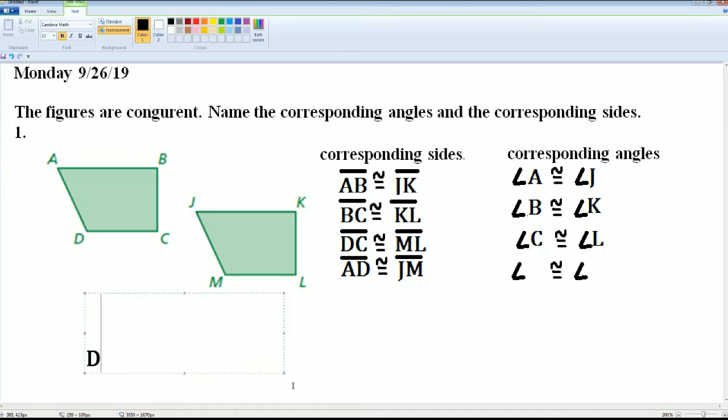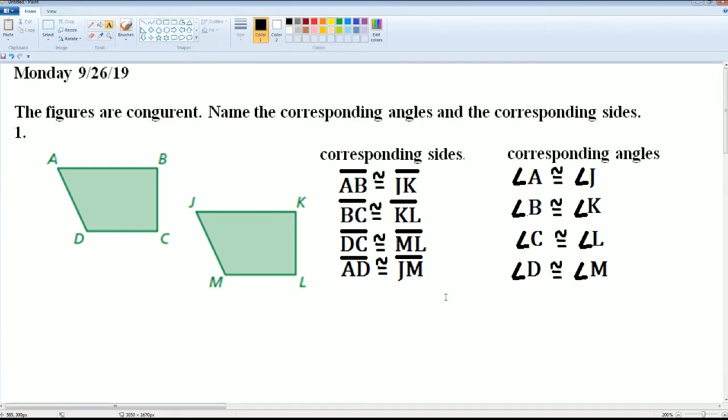So D is going to be congruent to M. So these are all your corresponding sides, and these are all your corresponding angles for number 1.